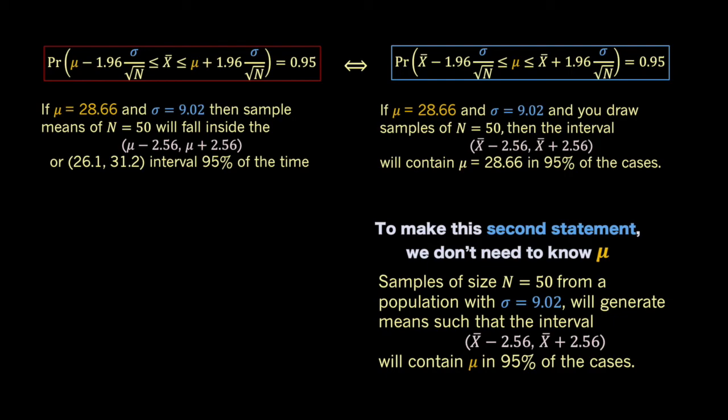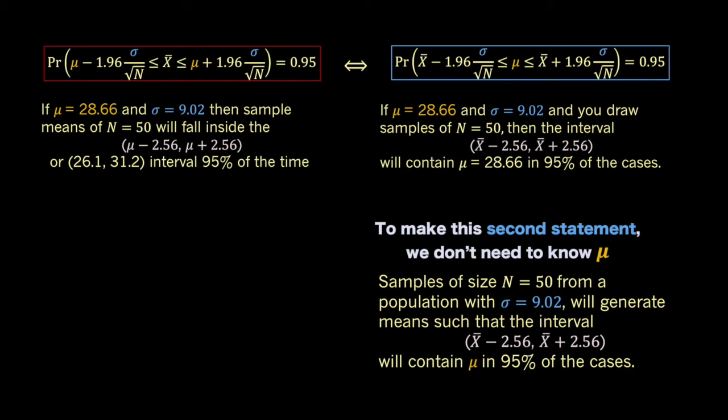Notice that to make the second statement, we don't need to know mu. We can just probabilistically say that the intervals will contain mu, but we don't need to know that it is 28.66. We only need to know sigma. So, I'm going to read it again.